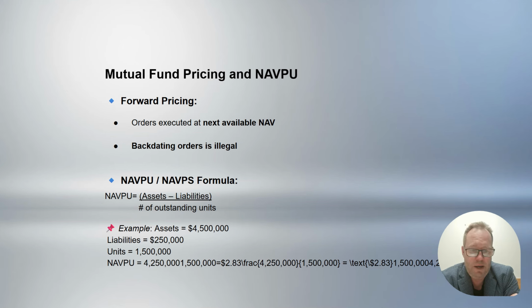When you're buying or selling a mutual fund, we're executing that at the next available NAV. So mutual funds only get valued once a day. It's basically at the end of business day, and you'll be using that end of business day value to complete a purchase or a sale on the following day.